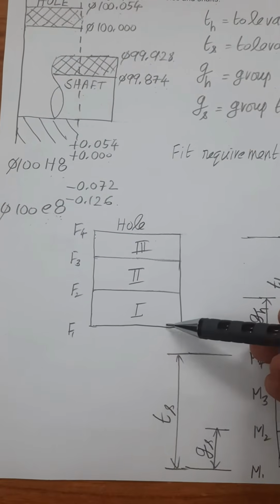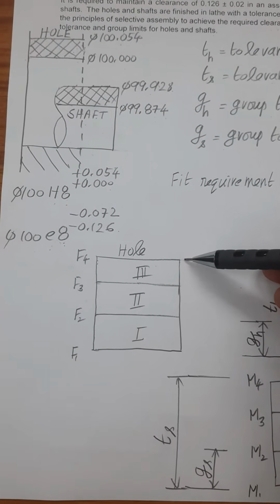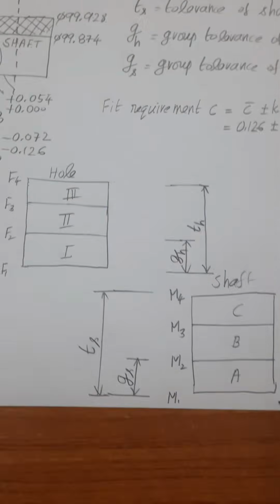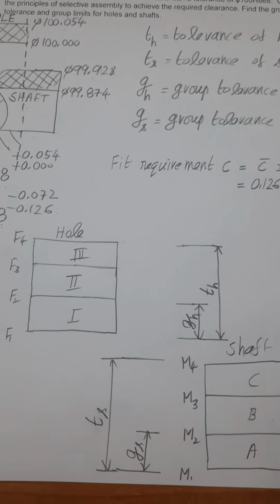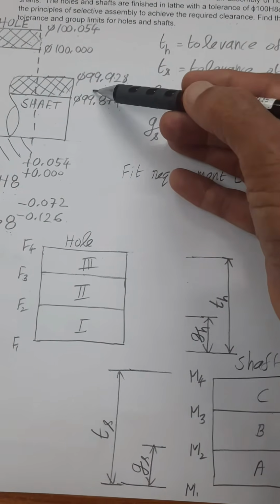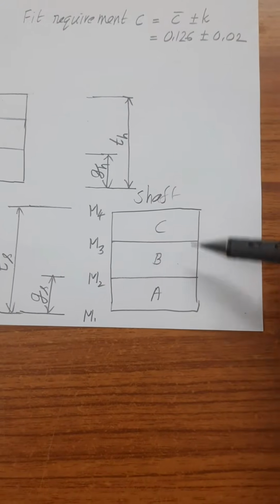Now the hole has a lower limit of 100.000 and upper limit of 100.054. The shaft has a lower limit of 99.874 and upper limit of 99.928.